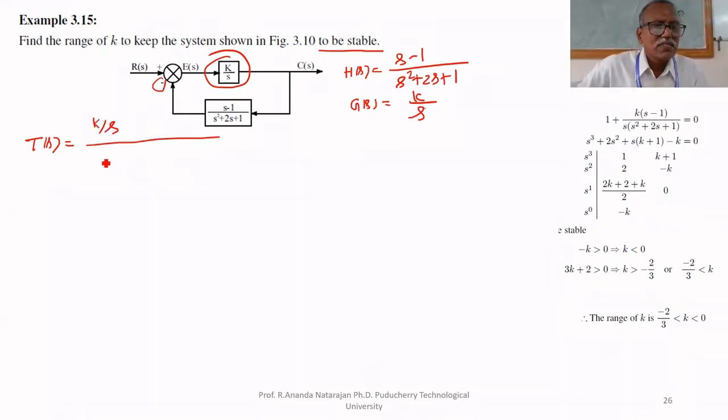the closed loop transfer function is G(s) divided by 1 plus G(s)H(s), that is, k/s divided by 1 plus k/s multiplied by (s - 1)/(s² + 2s + 1).